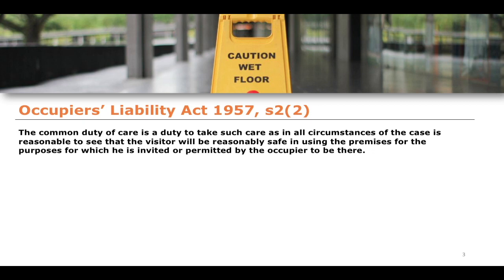So the point here that relates to the standard is specifically that we have a duty to ensure that a reasonable person is reasonably safe. So it is reasonably the case that the visitor is reasonably safe in using the premises for the purposes for which they are invited or permitted by the occupier to be there.